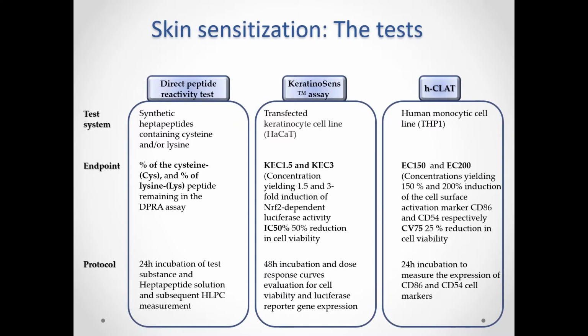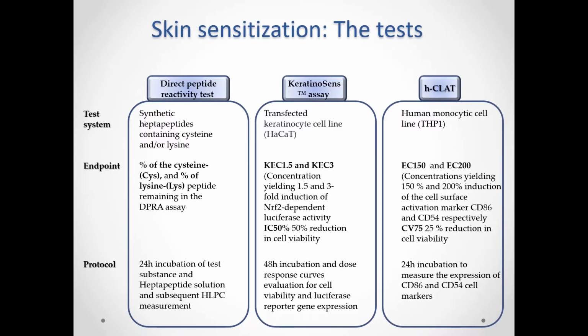In the direct peptide reactivity assay, the test system is a synthetic heptapeptide, and the endpoint is the percentage of cysteine or lysine peptide remaining. In KeratinoSens, we have a transfected cell line, and the endpoints are the concentrations causing 1.5 or 3 times induction of Nrf2-dependent luciferase activity.